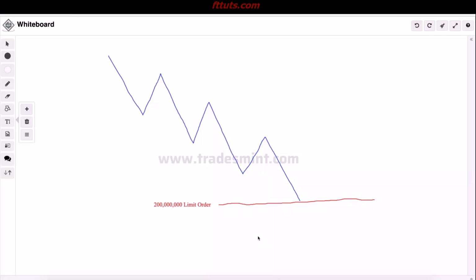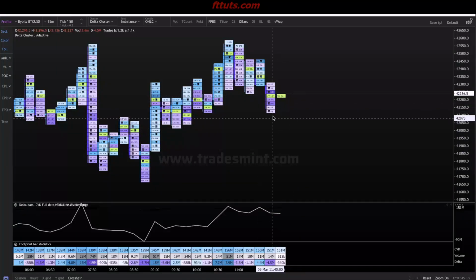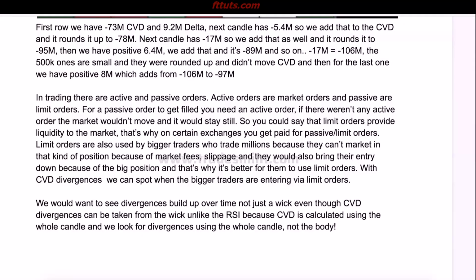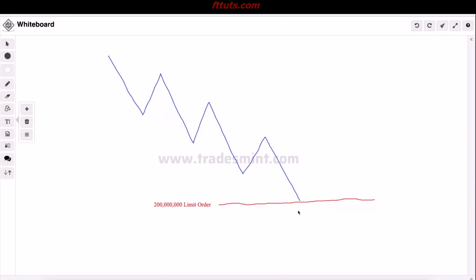Now we would never be able to see this limit order on our chart. We would only be able to see market orders coming in. And so if there is a very large limit order right here, we are going to be able to use CVD to find out where those limit orders are.